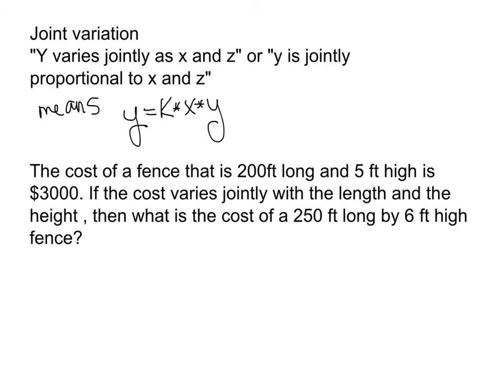So just like before, we are going to start by writing our variation equation. And before we do that, let's define our variables. This is something that I think is really important to do, and I would like for you to do it. So we have L for the length of the fence, and then h for the height of the fence.